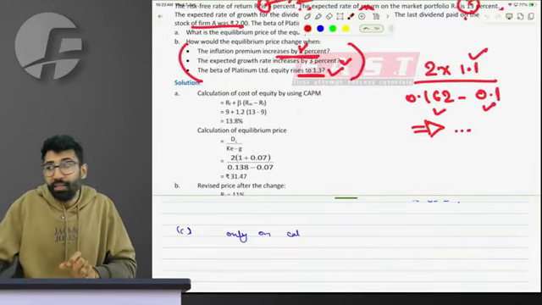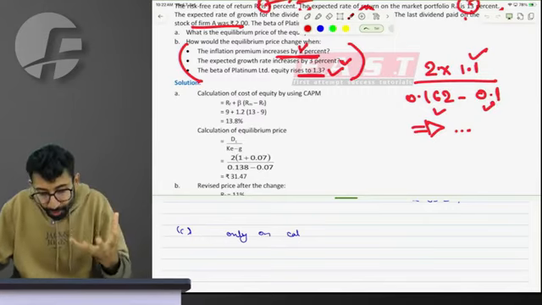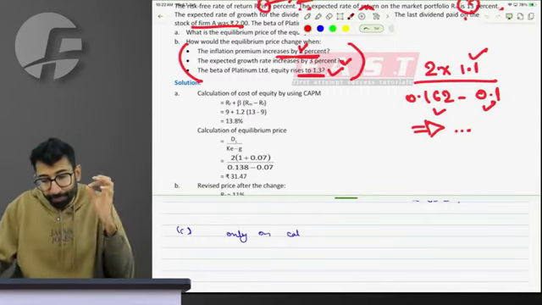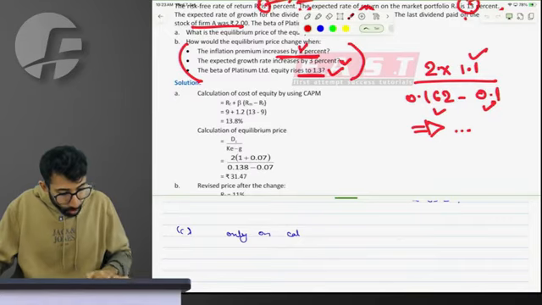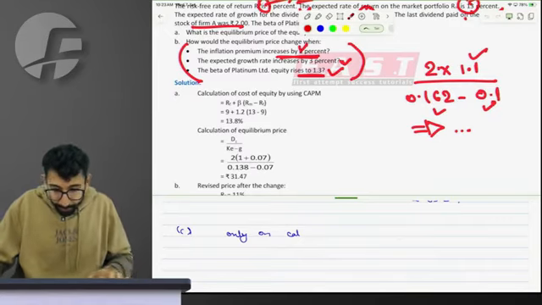Can you please give me what the revised equilibrium share price becomes? So 2 plus 10% is 2.2.